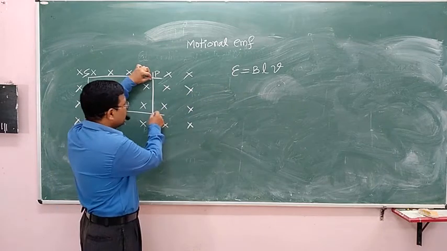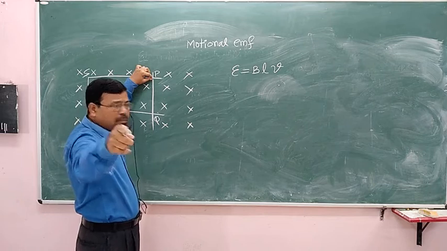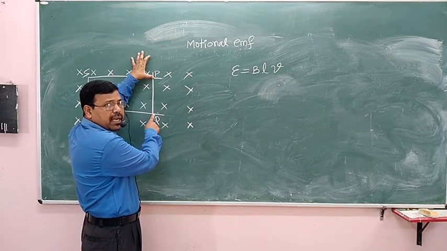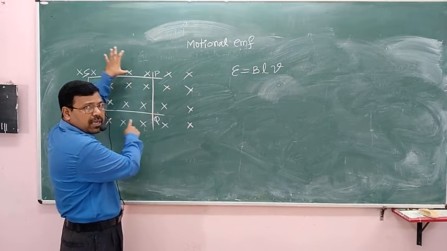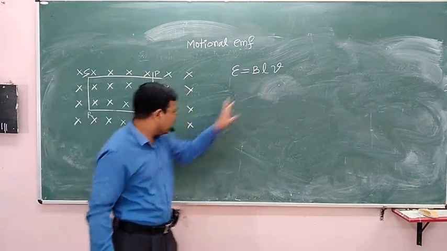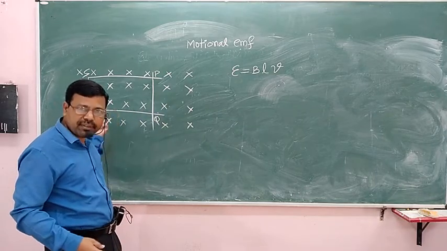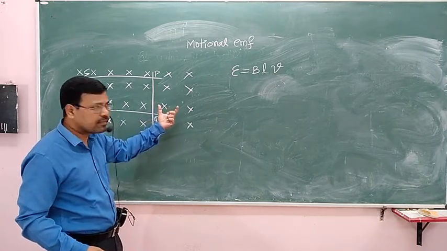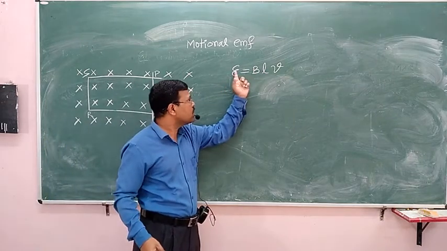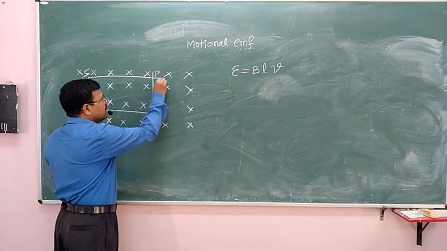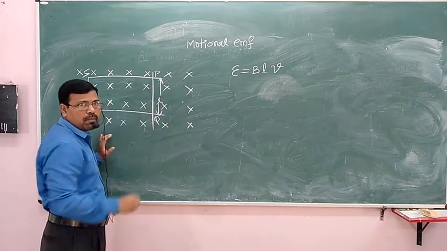This EMF, that is the potential difference developed between the points P and Q due to change in magnetic flux, depends on the strength of the magnetic field in which the conductor is moving freely. It also depends on the length of this conductor. L is the length of the conductor PQ.